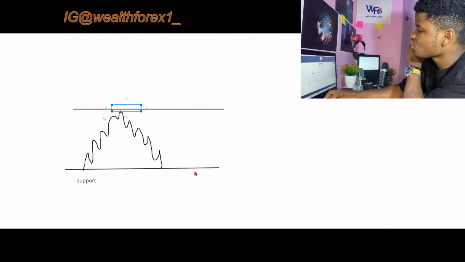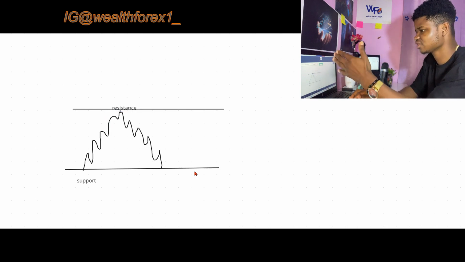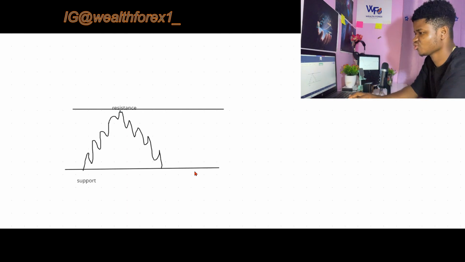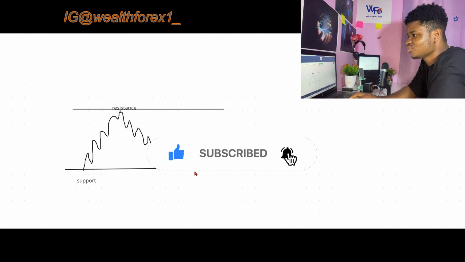Now, before you can confirm a point as your support or resistance, you need to have at least one or two touches at the points, and then you need to see movement. Why do I call this point my support? I call this point my support because price started moving from here and moved all the way up until it got to this point, and immediately it got to the top point at the resistance, what do we see price did?